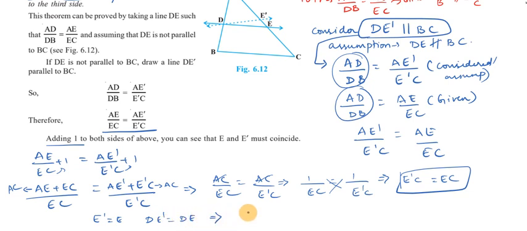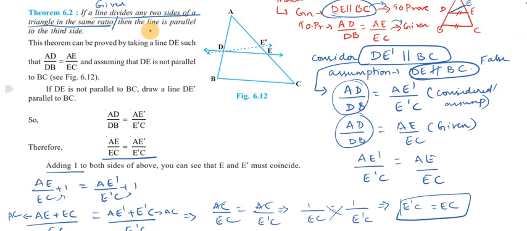From this we can say that my DE is parallel to BC. So our assumption where we considered it not to be parallel is false, and we are able to conclude that this line is parallel to the other side. That is, the line is parallel to the third side.